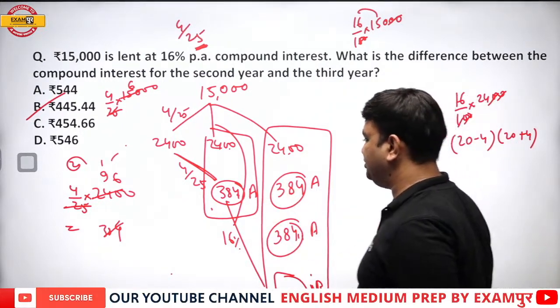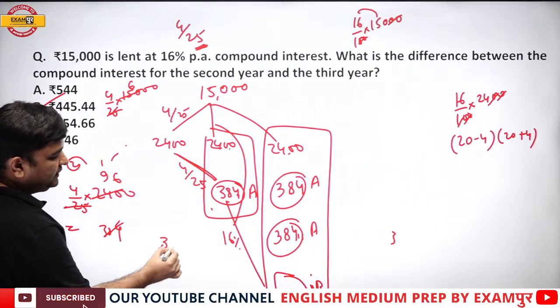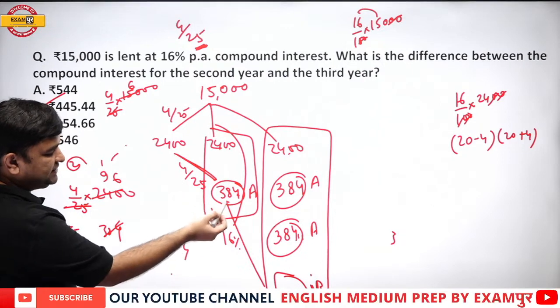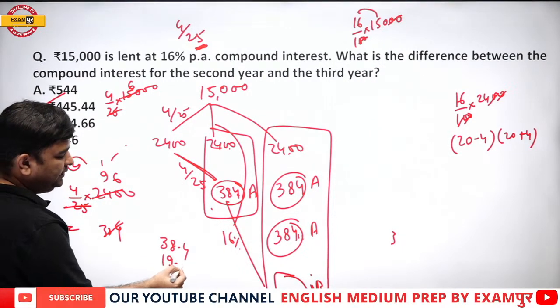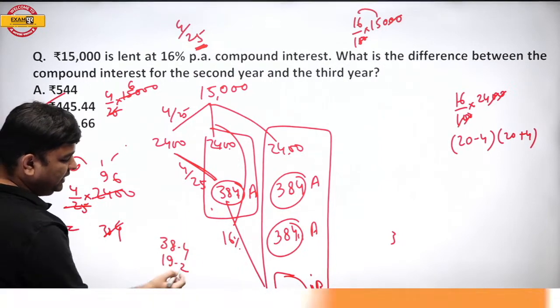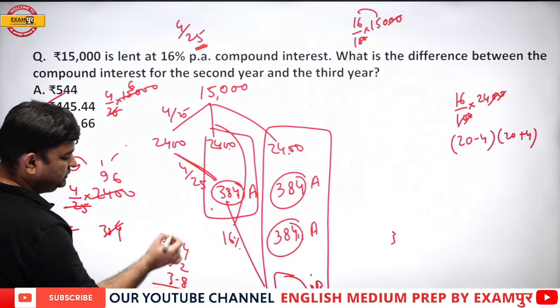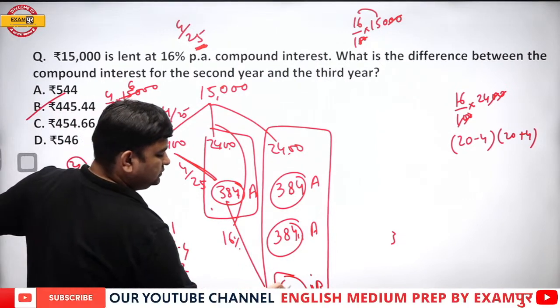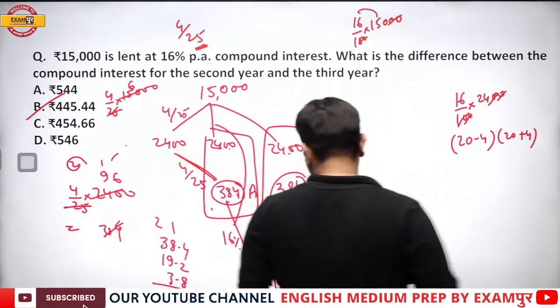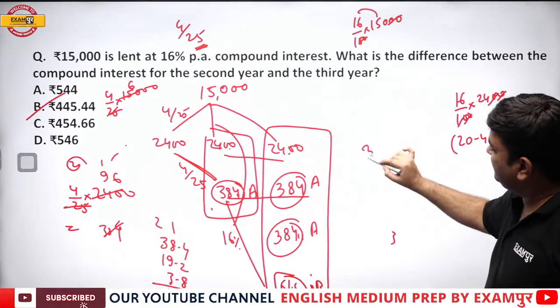When you calculate 16% of this 384, you will get 10% as 38.4, 5% as 19.2 and 1% is about 3.8. So this will cancel out, answer is this.